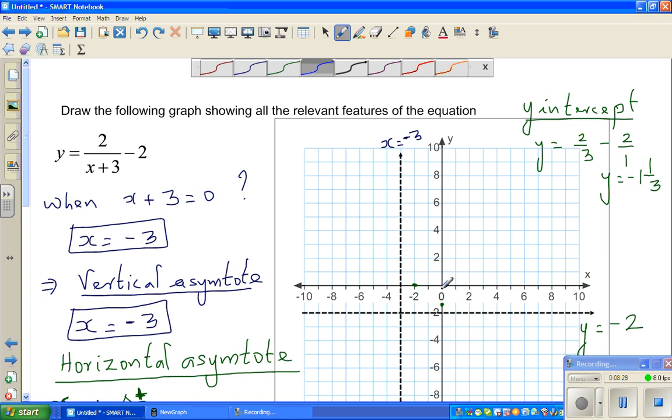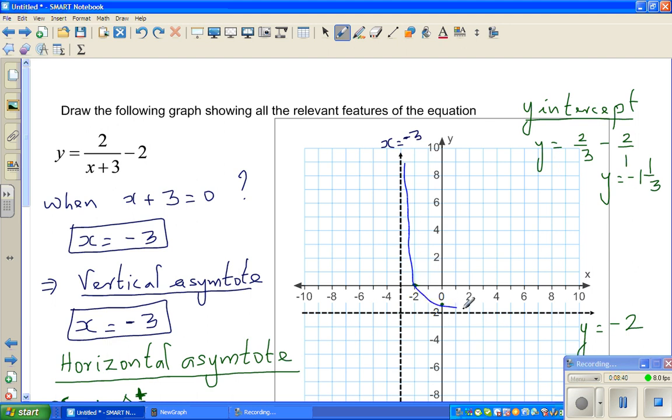You can understand the shape of the graph would go like this. It will be approaching x equals negative 3. This is the x-intercept, this is the y-intercept, and this is approaching negative 2 from above.